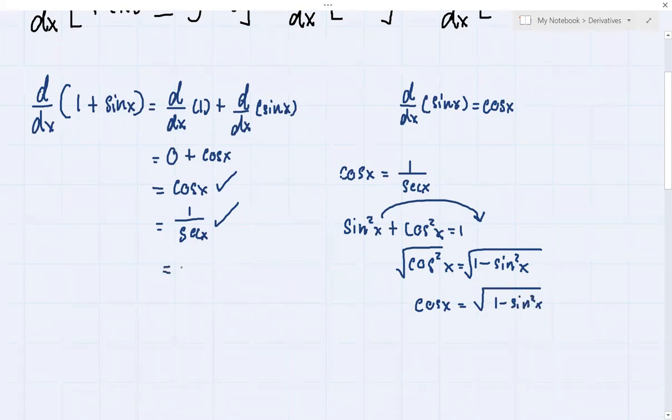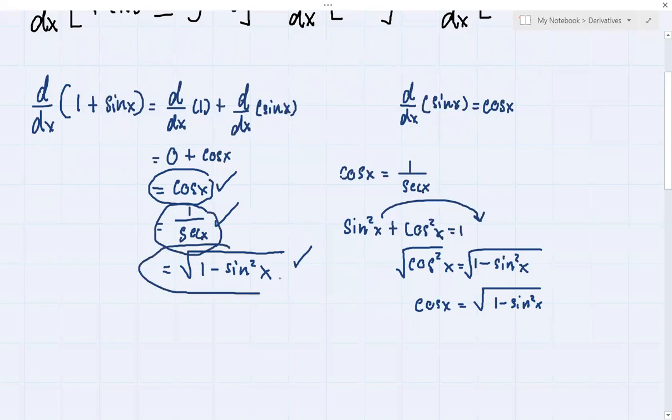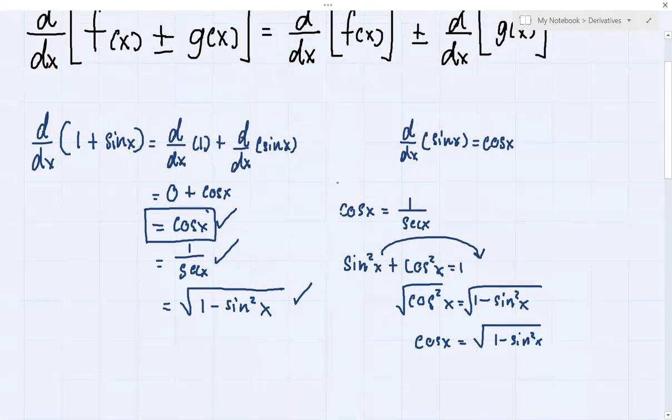So you can rewrite this as the square root of 1 minus sine squared x. This is also possible. Okay? This one, or this one, all of them are correct. So it's up to you. But of course, for my case, I'll pick the simplest one, which is cosine x. Alright? So that's it.